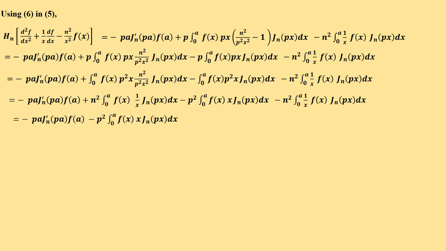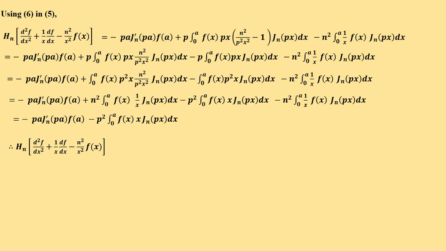So that is equal to, see the second term n square integral 0 to a f of x 1 by x Jn of px dx. Then the last term, the fourth term, minus n square integral 0 to a 1 by x f of x Jn of px. Both get cancelled. So remaining minus pa Jn dash of pa f of a minus p square integral 0 to a f of x x Jn of px dx.